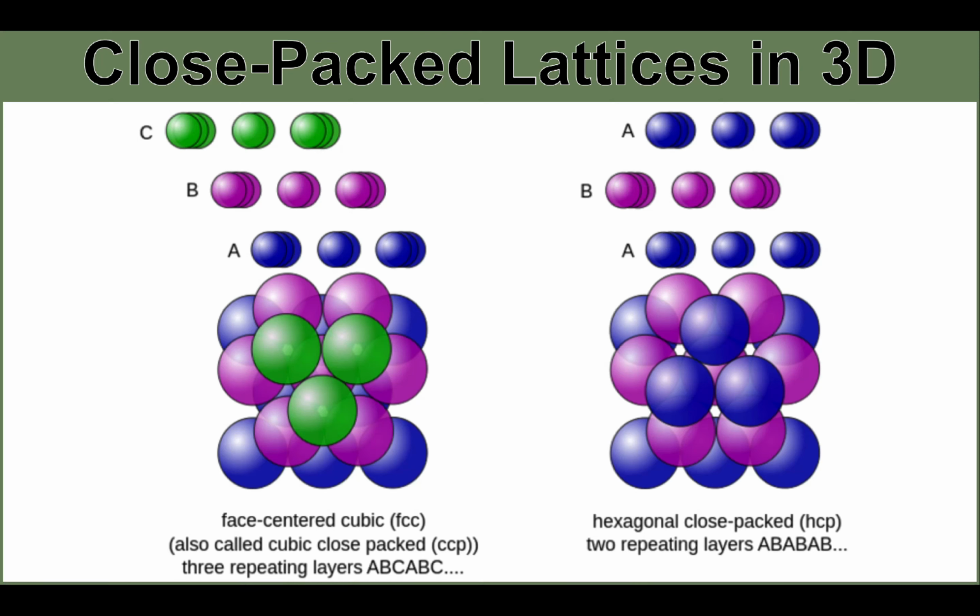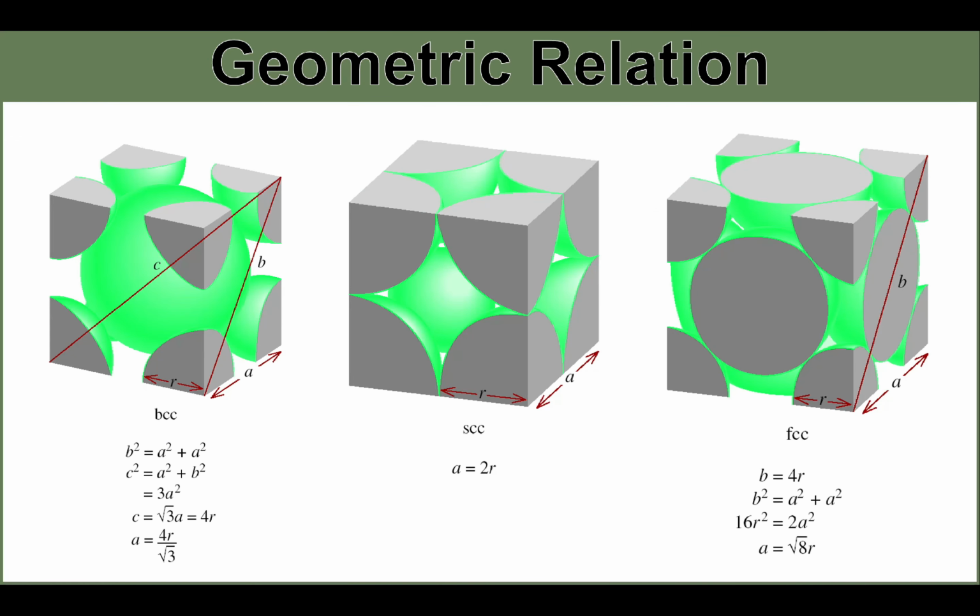So, an understanding of atomic packing in a unit cell and crystal lattice can give insight to the physical, chemical, electrical, and mechanical properties of a given crystalline material. Now, we're not going to talk about the relationship between the edge length and atomic radius. That would be for another topic and for your higher chemistry.